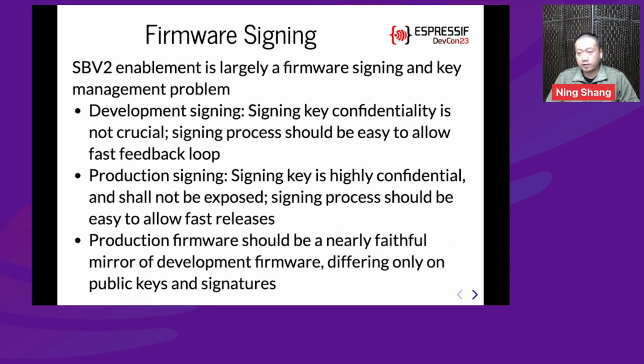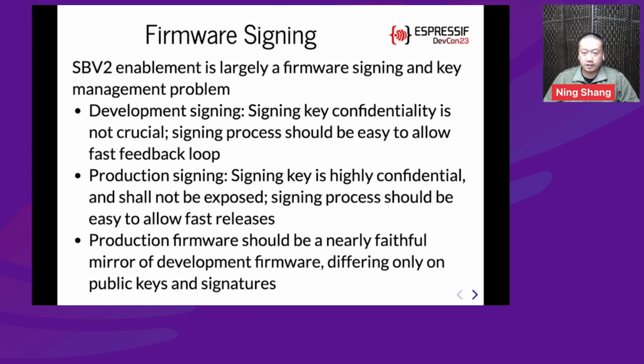So the signing process should be very easy to allow fast iteration. If there's a bug in the firmware, we want to be able to easily sign the firmware and get it run and test it on the development unit.